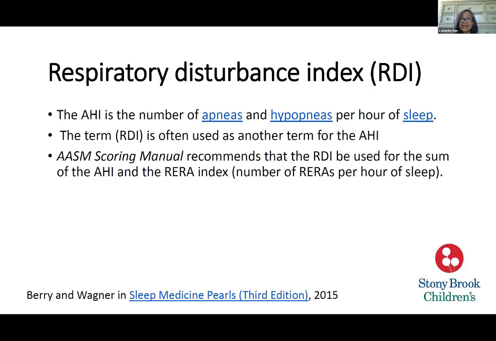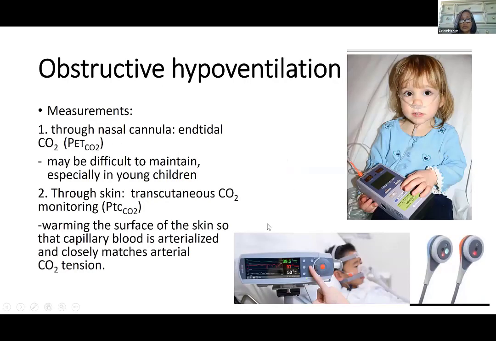So in the AASM scoring manual, they recommend to really sum it up with RDI, because sometimes a patient might just have more predominantly RERAs and obstructive hypoventilation. And again, you would be underdiagnosing these patients.